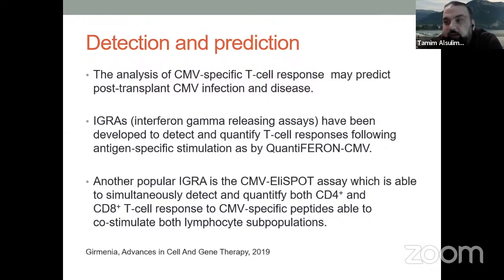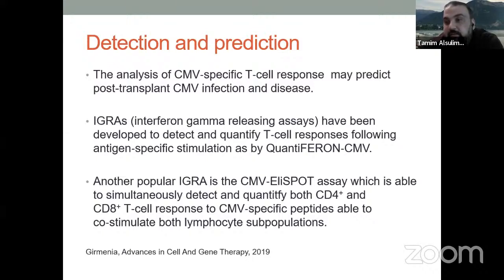At this time, we are using PCR to detect the genome of the virus. But before that, we had many methods like the IGRAs, interferon gamma releasing assays, like QuantiFERON or CMV ELISpot, especially CMV ELISpot, which quantifies the CD4 positive and CD8 T cell response to CMV-specific peptides.